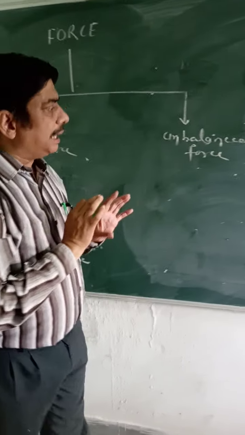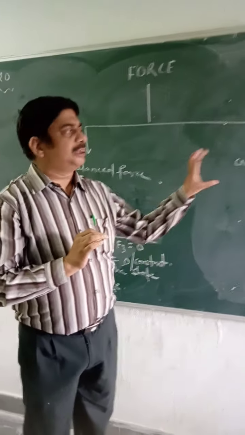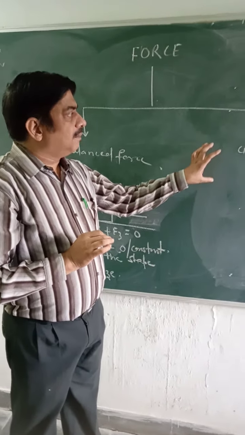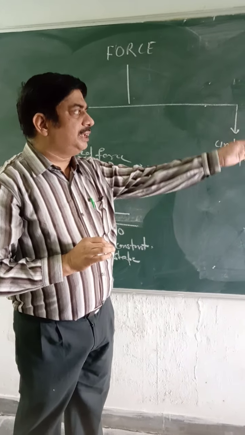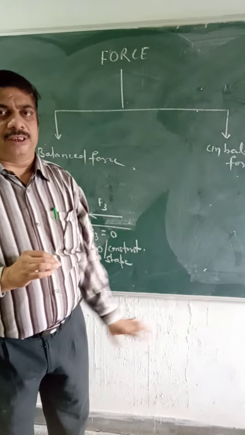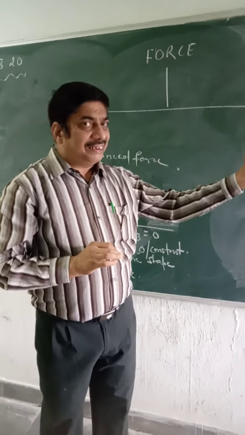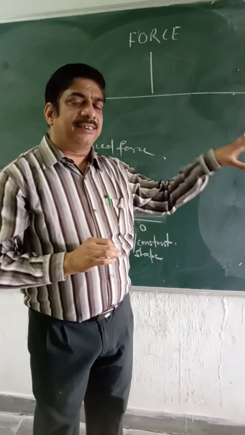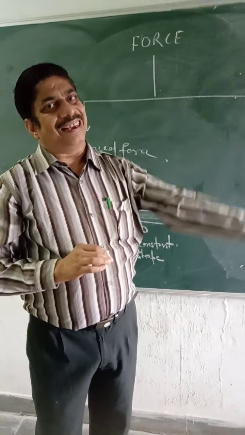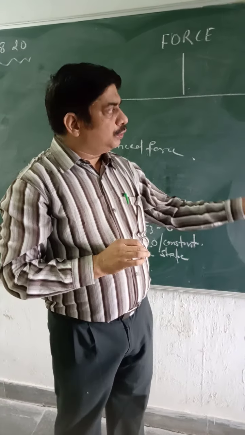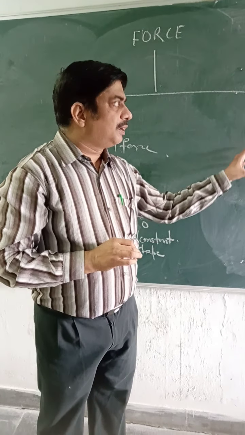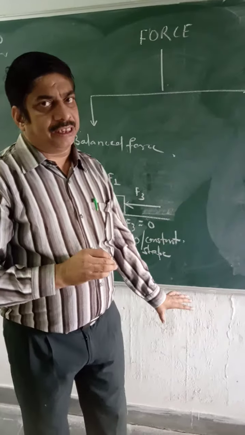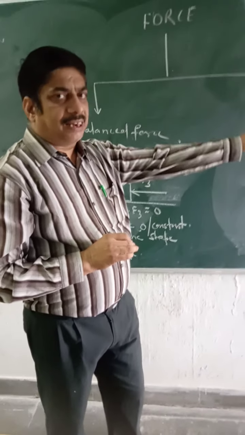So what is the ultimate picture? When the forces are unbalanced, the body comes into motion. If it is in motion, then it will accelerate. So due to this effect, we can say that whatever forces acted on that body are unbalanced.